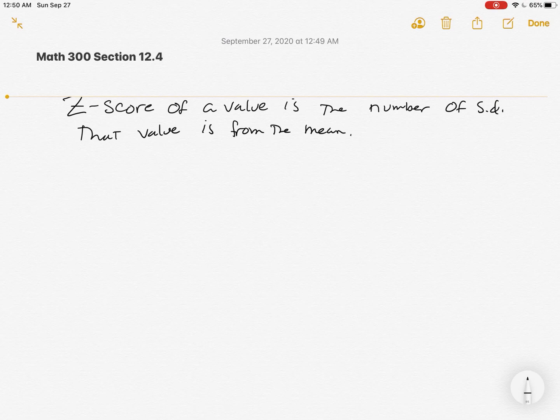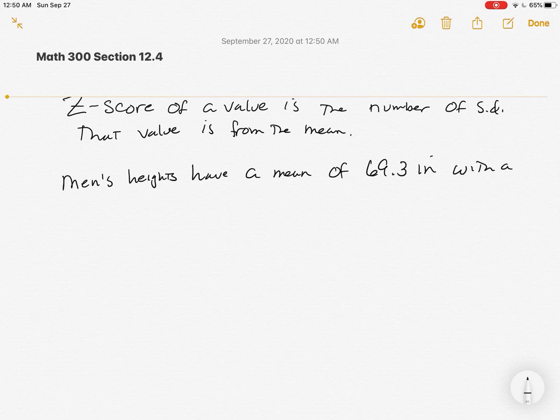So they may tell you something like this. They may tell you that men's heights have a mean of 69.3 inches with a standard deviation of 2.8 inches.